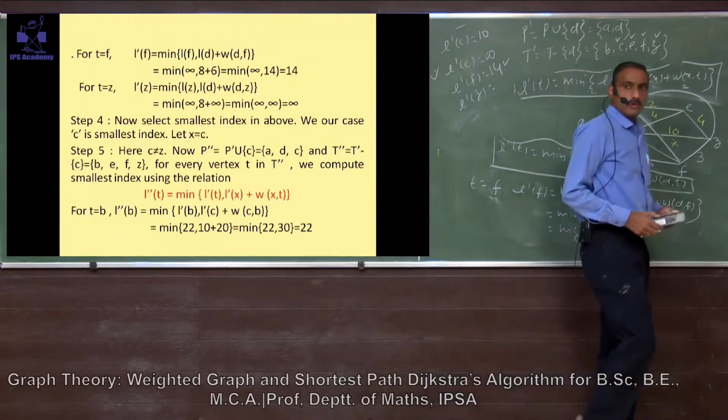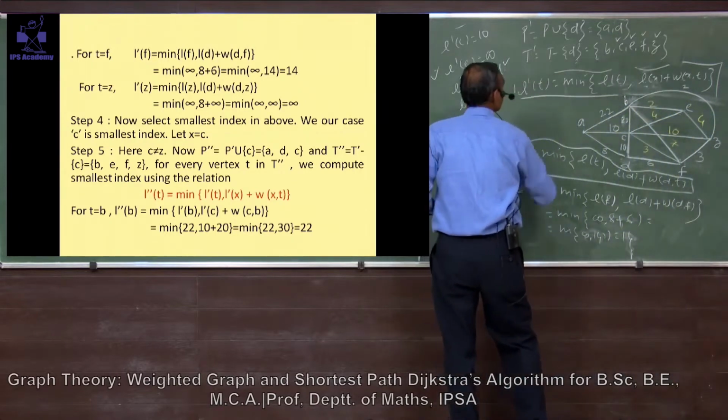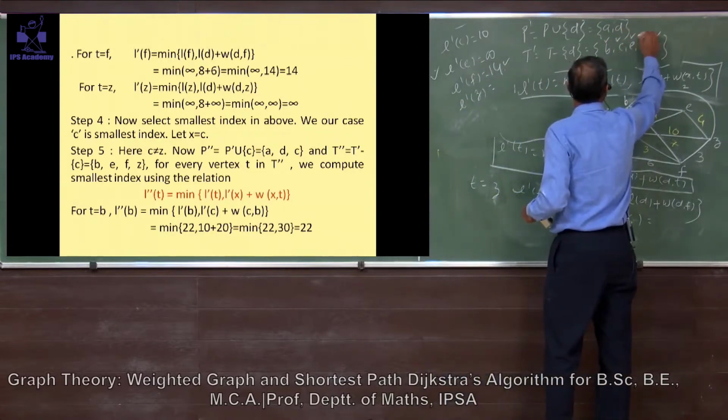Now the index of Z. So now put T equals Z. We have taken B, C, E and F, which are completed.